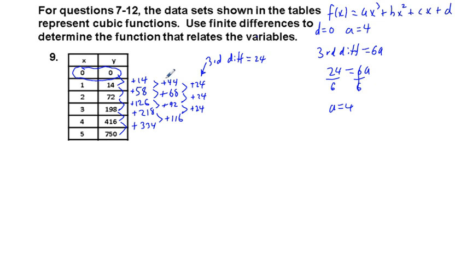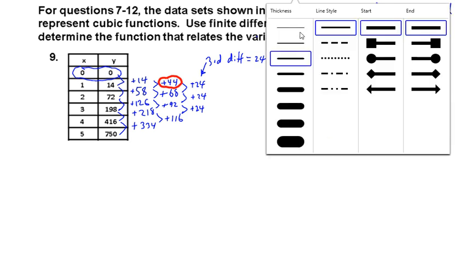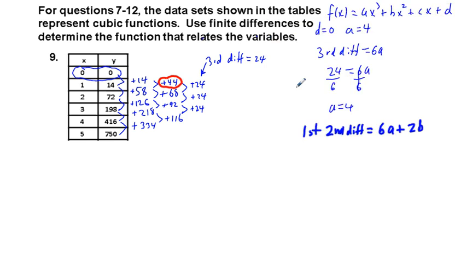Okay. Next, we're going to have our first second difference. Okay, let me write this down. First second difference is equal to 6a plus 2b. And I'm going to go get a skinnier pen here for that. And our first second difference is 44.